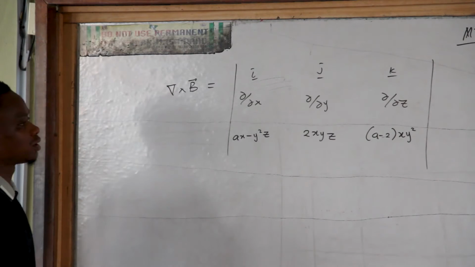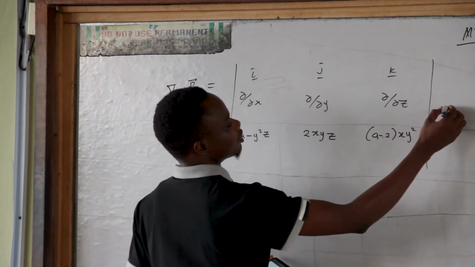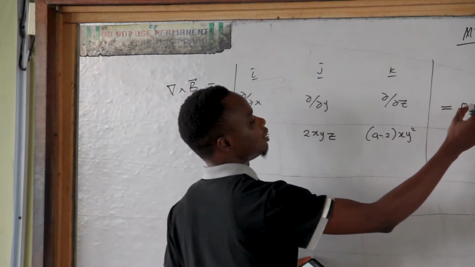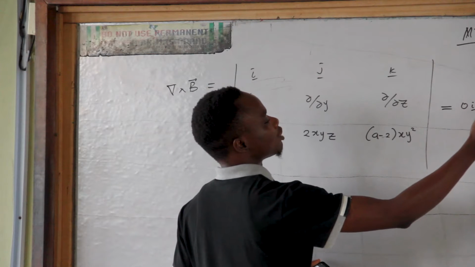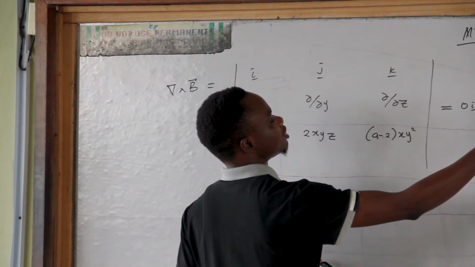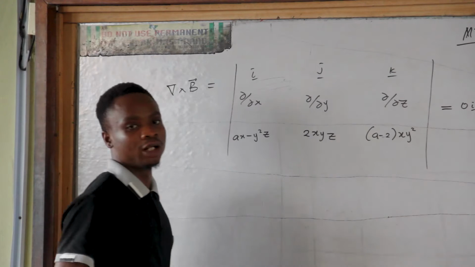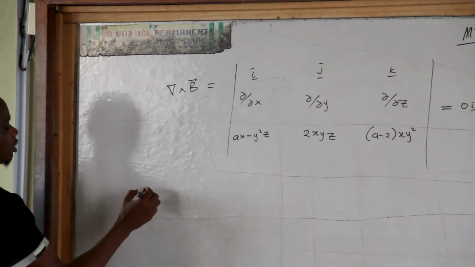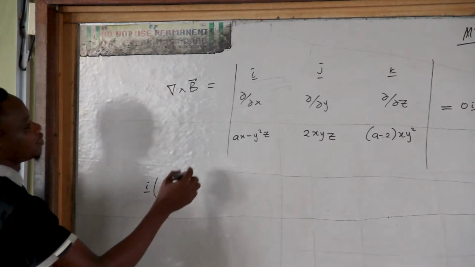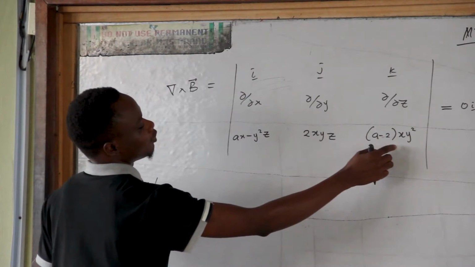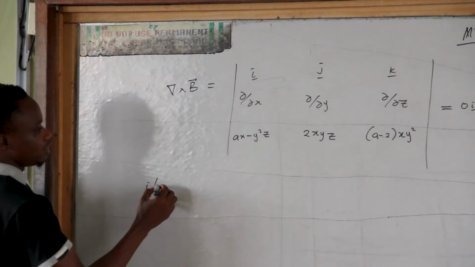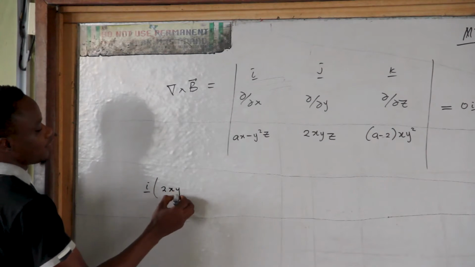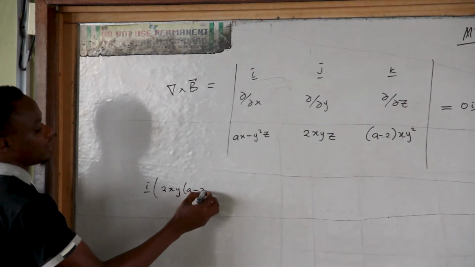Okay, so let's do this together. We're going to equate this to irrotationality. This will be equal to 0i plus 0j plus 0k. All together, please. So you can take the x component of this, this will be del/del y of this. That will be 2xy times alpha minus 2.